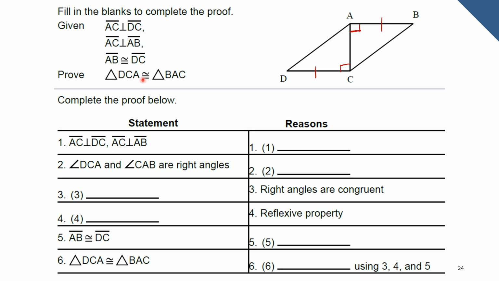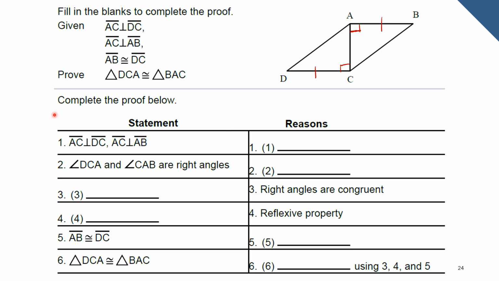Let's look at what we're trying to prove. We're trying to prove here that triangle DCA is congruent to triangle BAC. DCA is congruent to BAC.